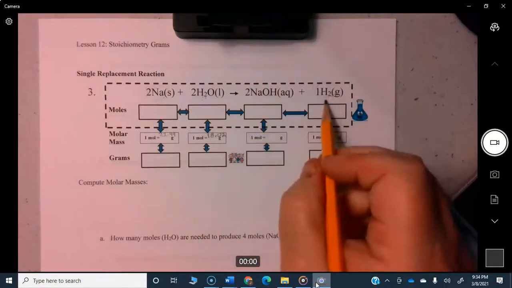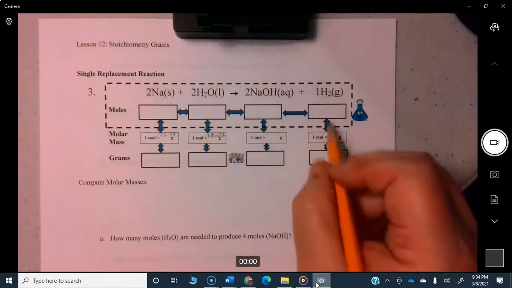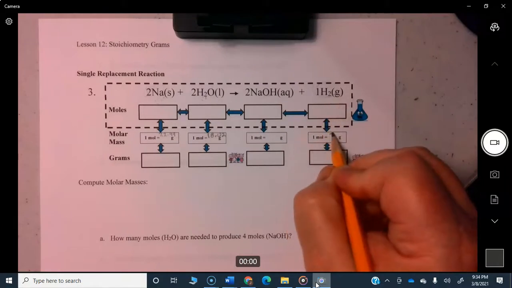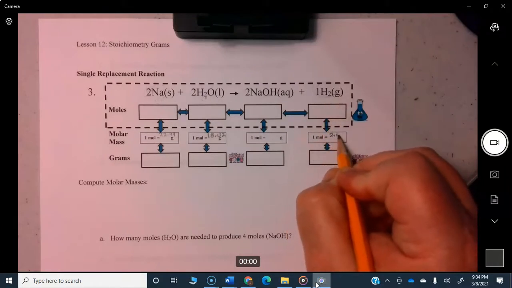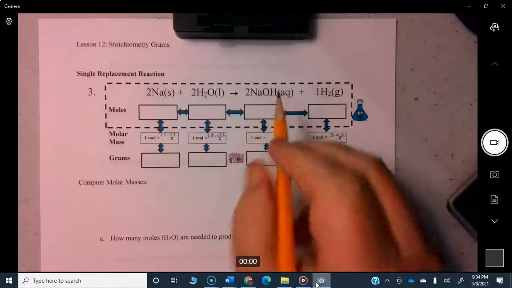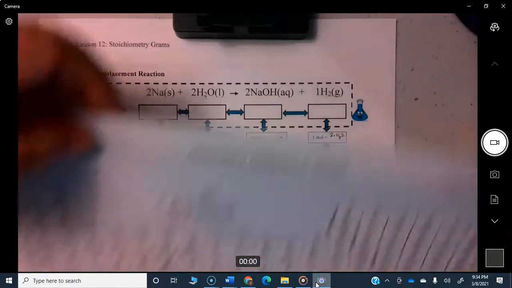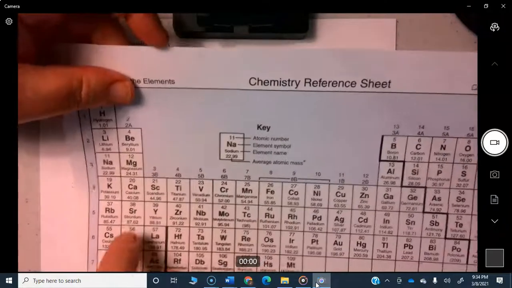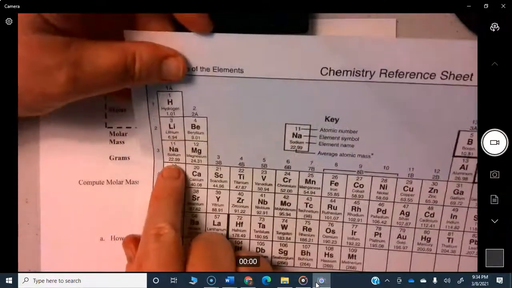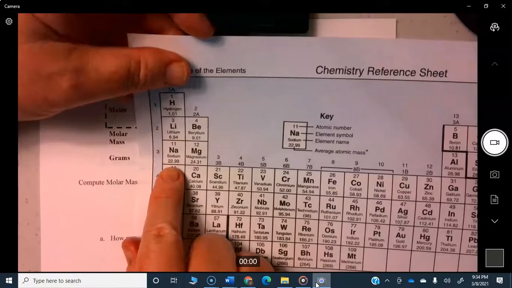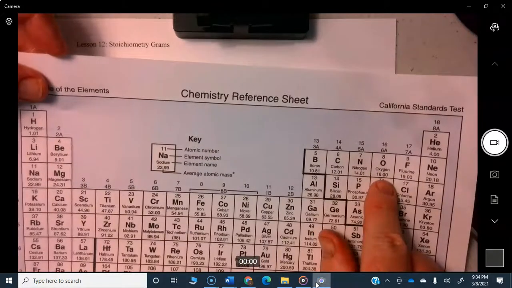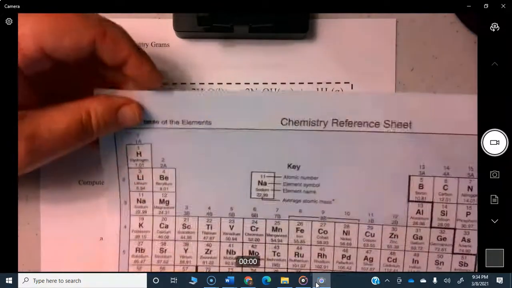Okay, H2, let's do that one. It's easy. It's 1.01 times 2, so it's 2.02 for H2. And NaOH, that's sodium hydroxide. We haven't done that one yet, so let's take a look at that. It's actually a very neat number. So sodium is 22.99, oxygen is 16, and hydrogen is 1.01.